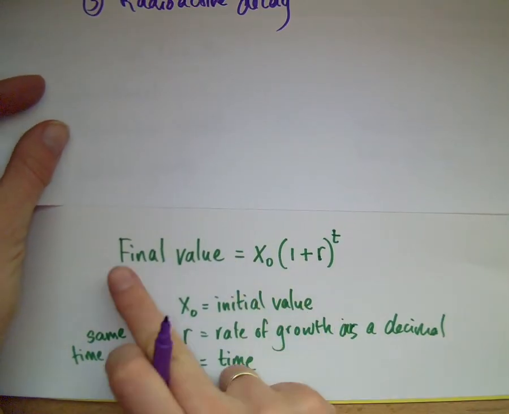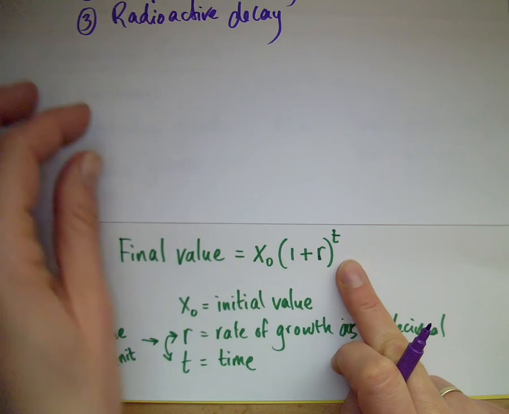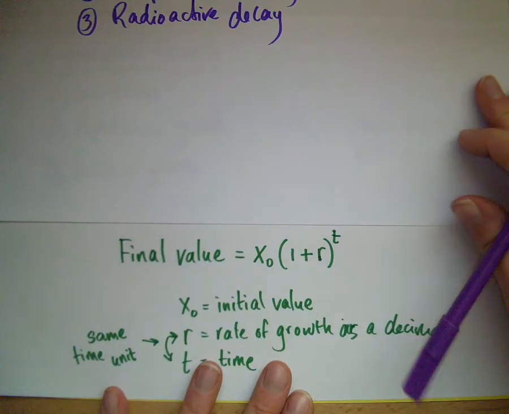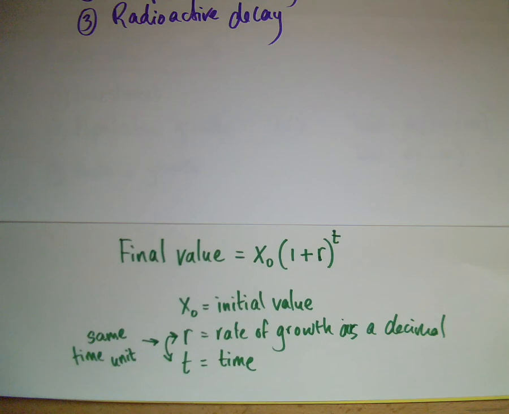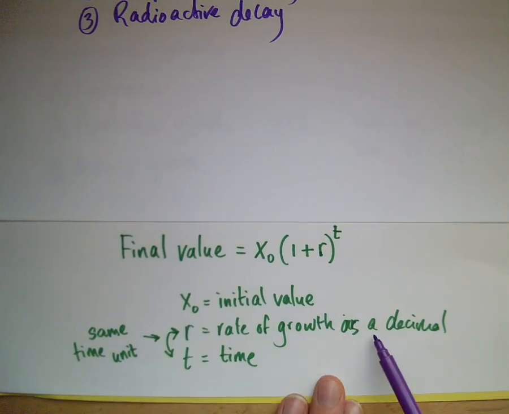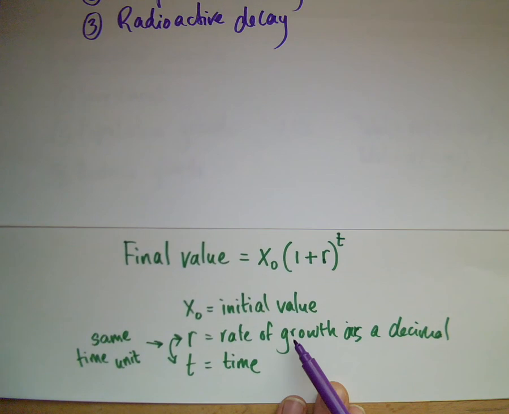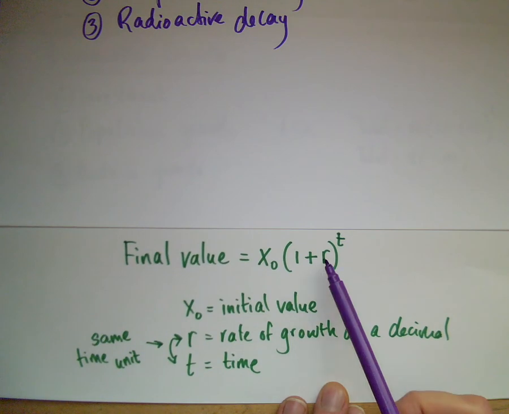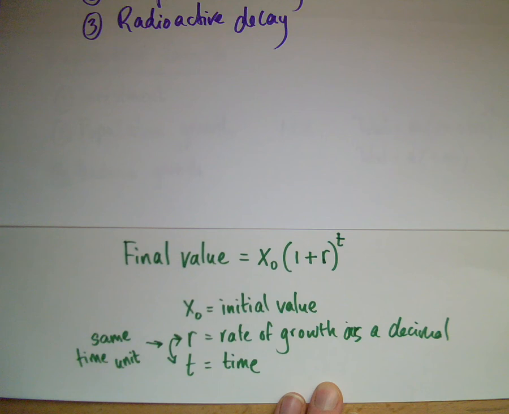We can use the same equation that we just learned. The only difference is your rate of growth, because it is decay, your rate will be negative, right?